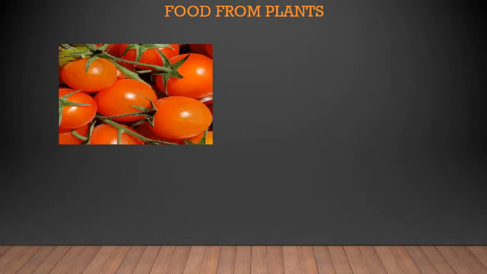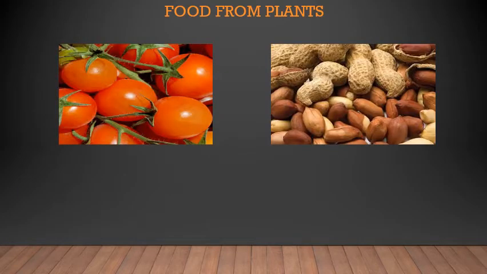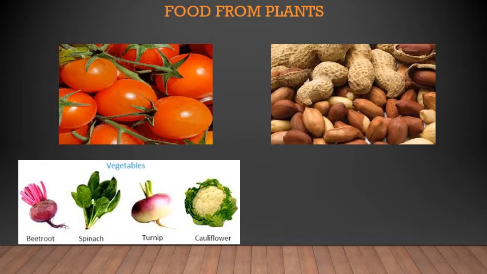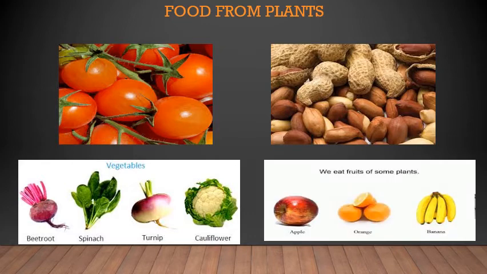We eat everything from fruits to flowers and stems of some plants. Now this tomato, groundnut, vegetables like beetroot, spinach, turnip, cauliflower, and fruits like apple, oranges, and banana. These are all different examples of the food that we get from plants.